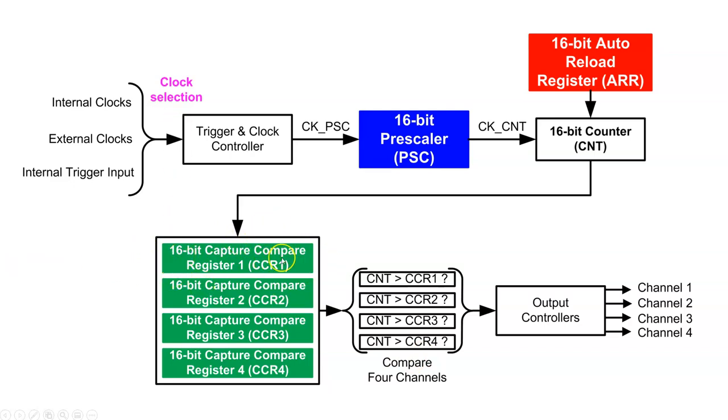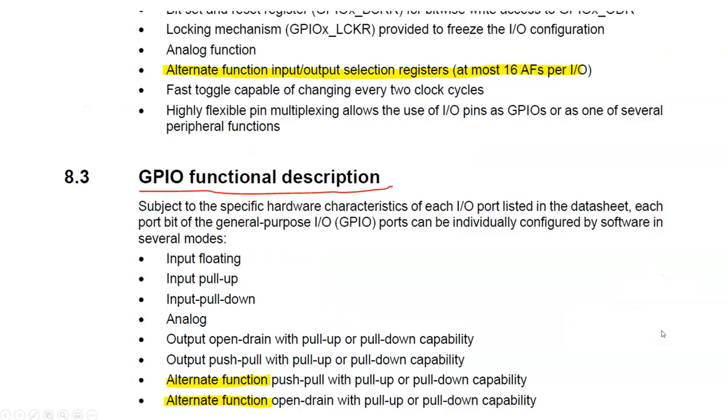So we could write values to the capture compare register, and since this is freely running and this is a value we can set, we can say, hey, when does the counter become equal to this or greater than this? That can in turn be used to drive an output, one of the output pins, and that's what's called channel 1, channel 2, channel 3, channel 4, right?